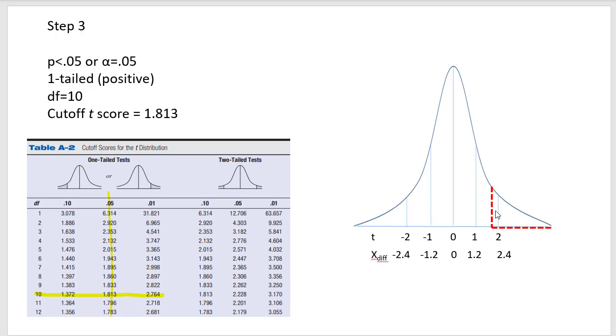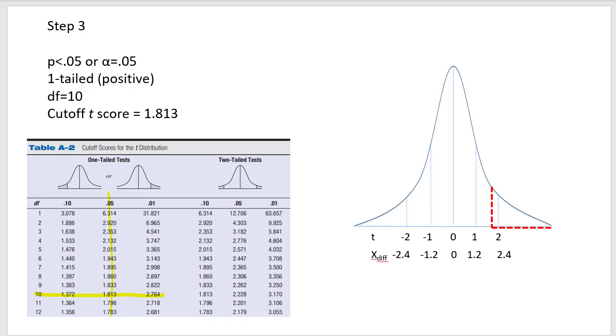So 1.83 is approximately here on our curve, which means that we will have a significant finding, or we will reject the null hypothesis, if the difference between the two scores has a t-score greater than positive 1.83.